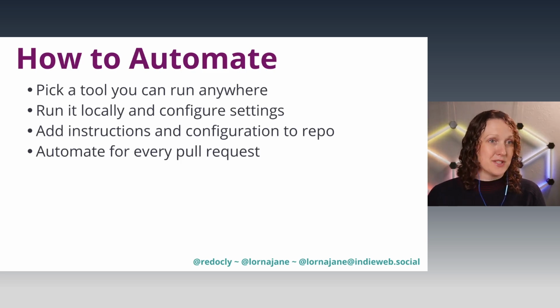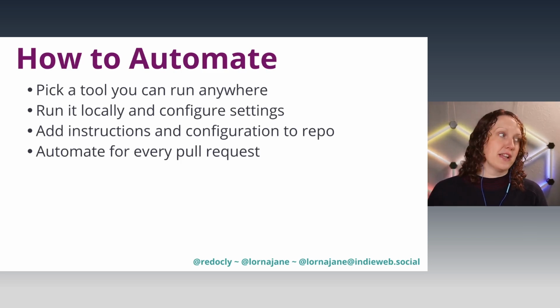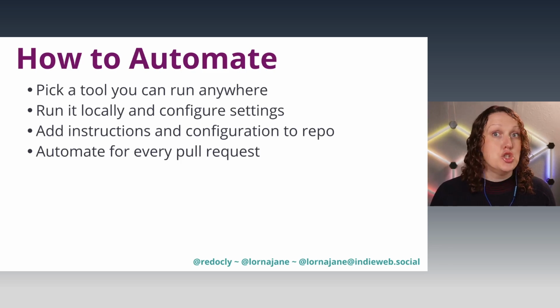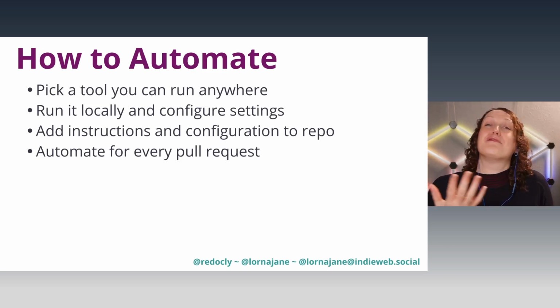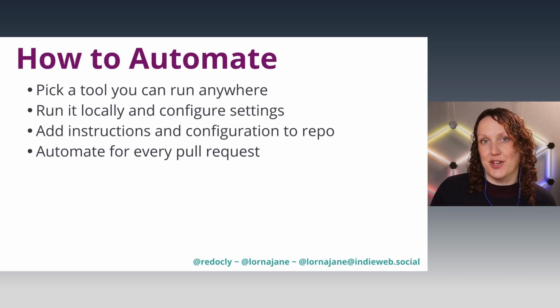So we picked a tool. You're going to run this tool locally because it works locally. We've picked something that runs everywhere, and set up some configuration. My advice here is to be as unambitious as you can bear. Do not read all of the docs for the tool and turn on everything you wish you had, especially in an existing documentation project.